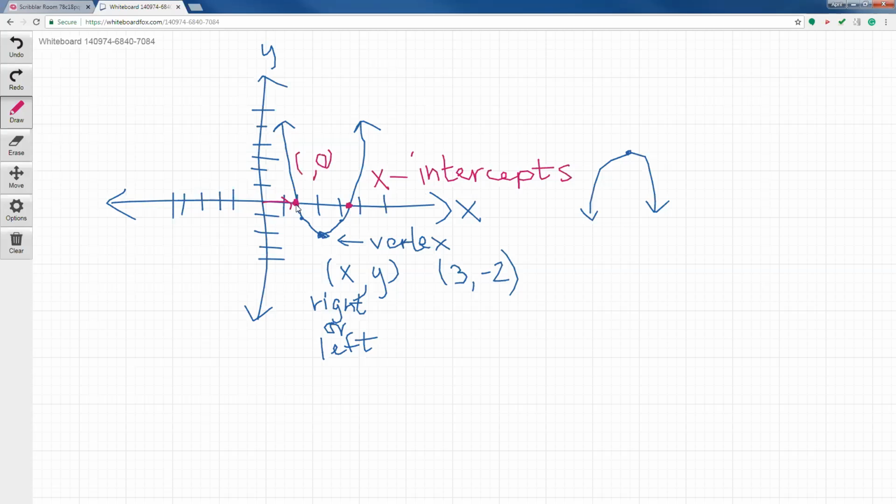Where's the x again? There's a couple of ways the x is involved in this coordinate plane. The x-axis is this horizontal line. I'm going to highlight it in purple. This is the x-axis.